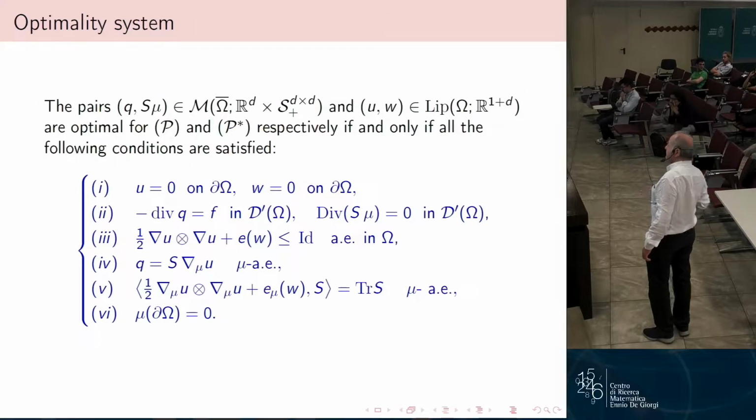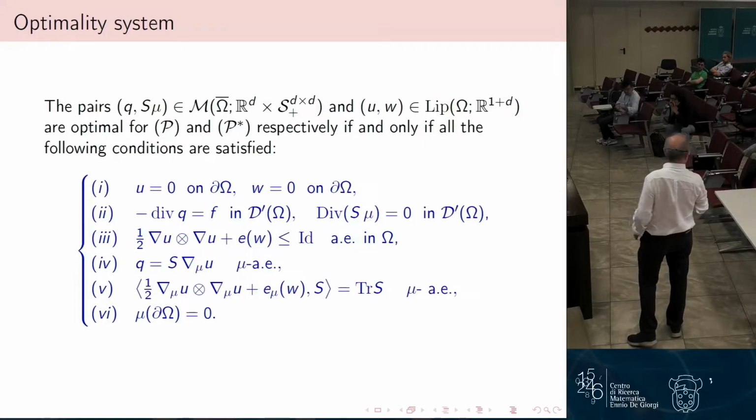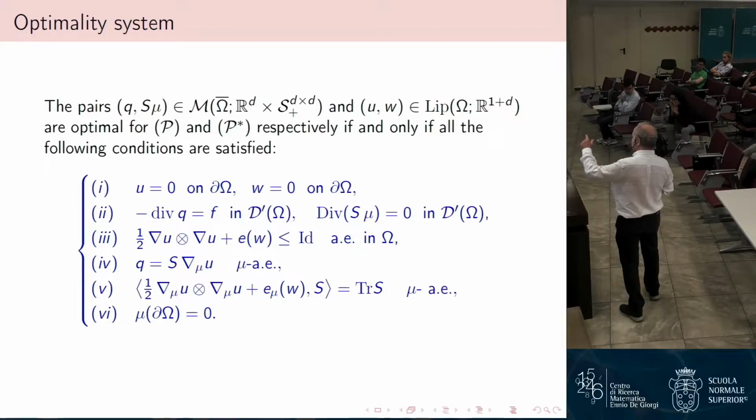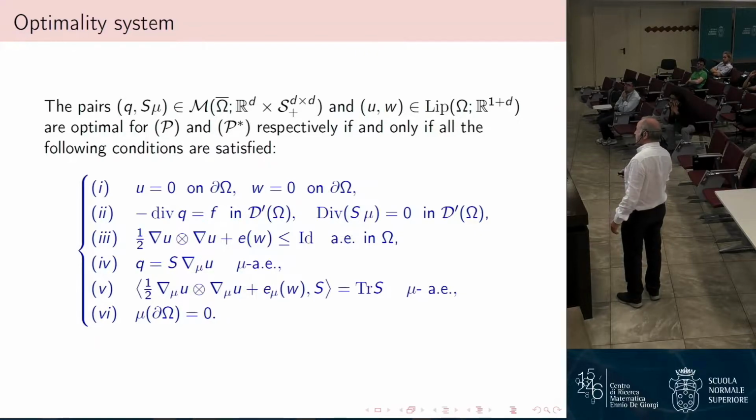So doing this, you have a system of optimality conditions, which looks like the one I discussed before, but there is an additional variable which is here. The eikonal equation becomes that. The Lipschitz constraint is replaced by this in terms of measure.